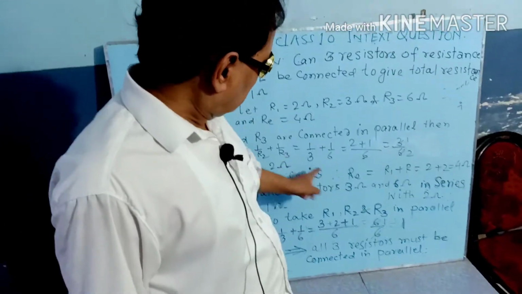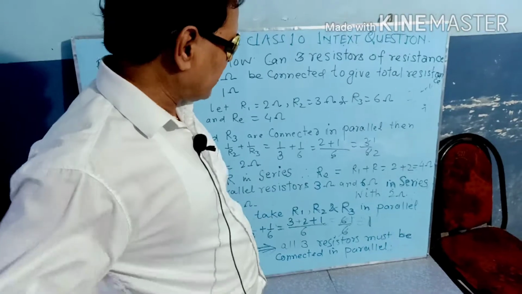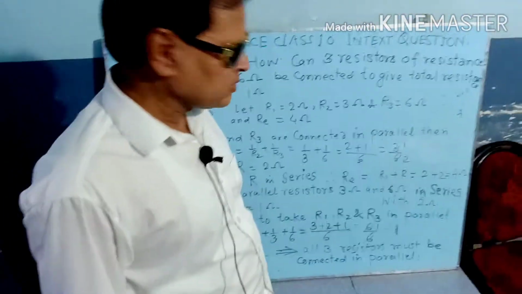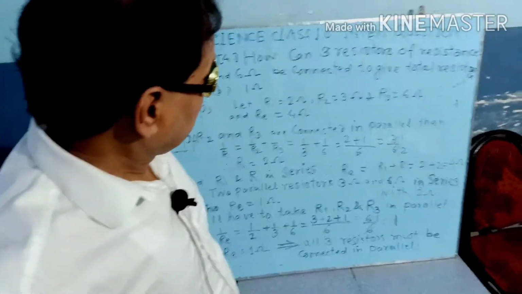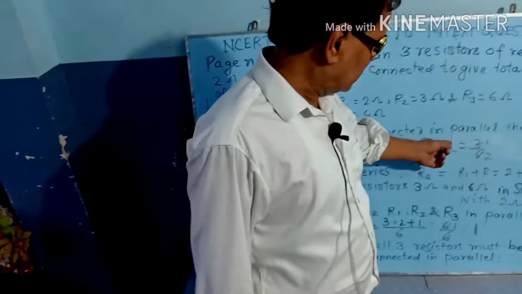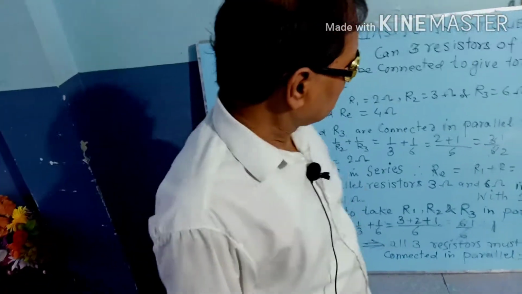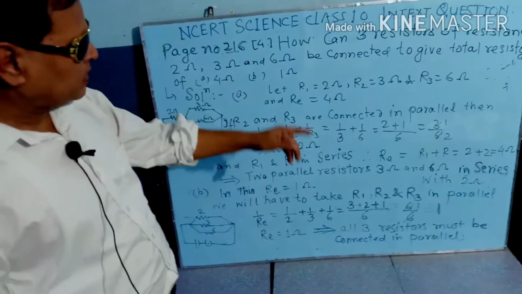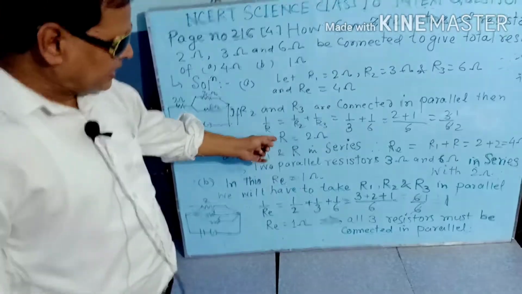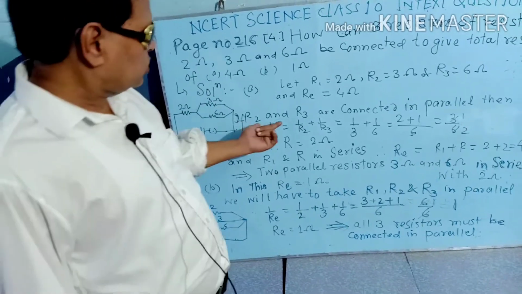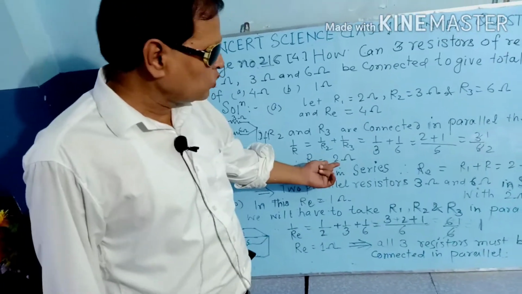LCM is 6 and 3 divide 6 by 2 hence it is 2, and 6 divided by 6 we get 1. 1 into 1, 1. So 3 by 6 after cancellation we get 1 by 2. 1 by R is equal to 1 by 2, hence on reversing we get equivalent total resistance for these two parallel resistances, 2 ohm.